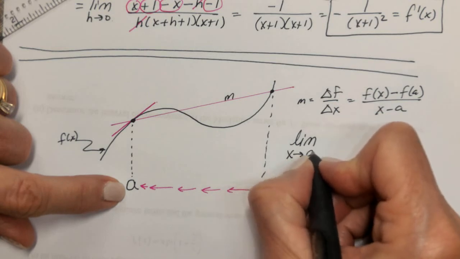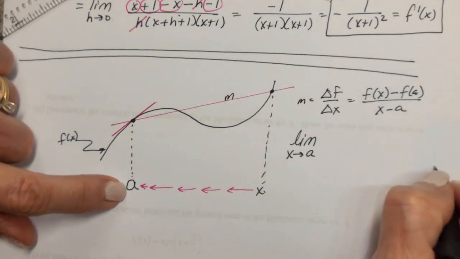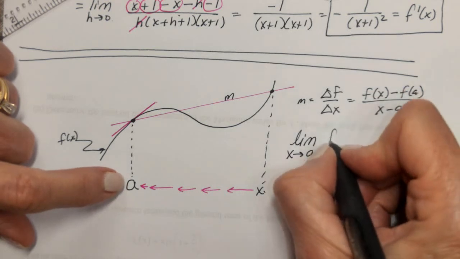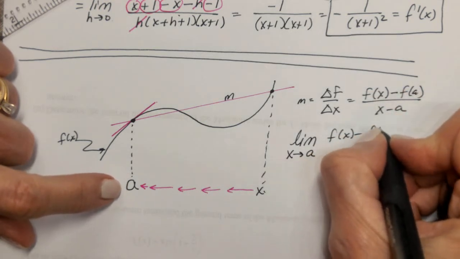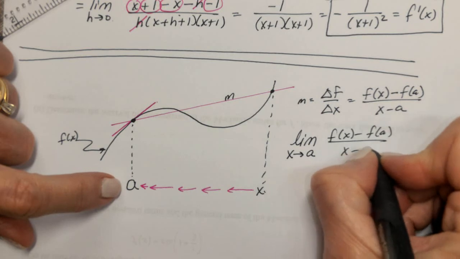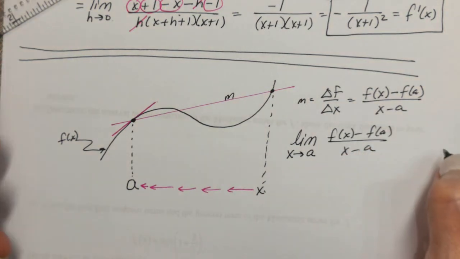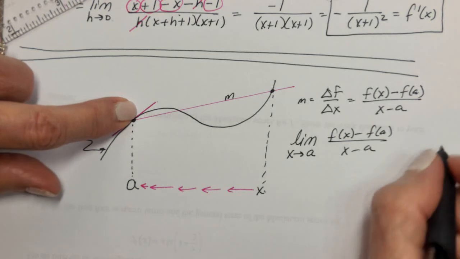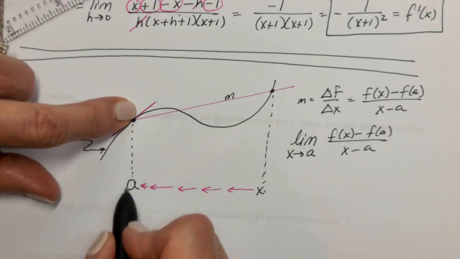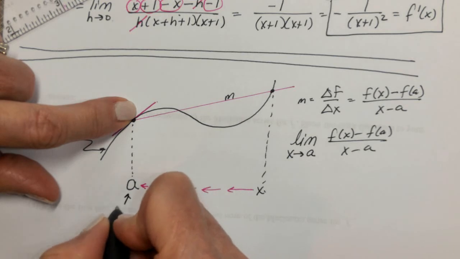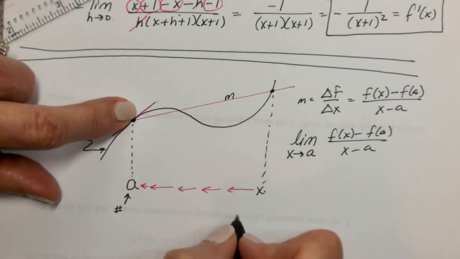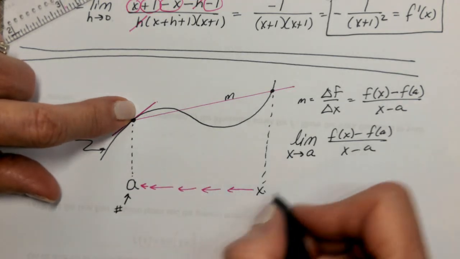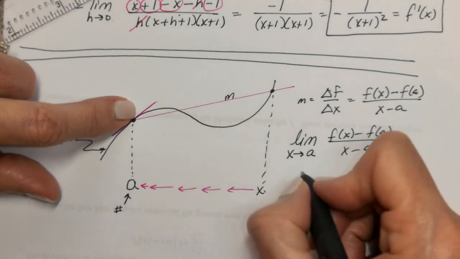So it's going to be the limit as x approaches a of this expression. It's another way to say the slope of the tangent line. This way is fantastic if you have a number, if you know the number right there. Okay, so this is the alternative.